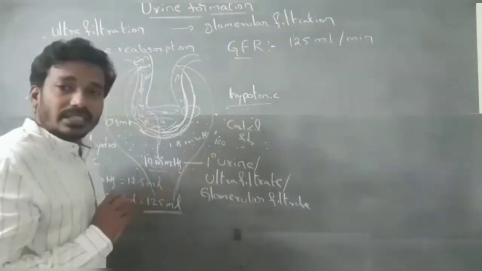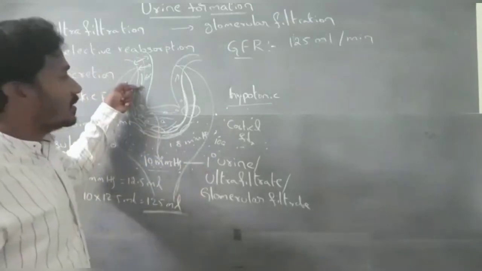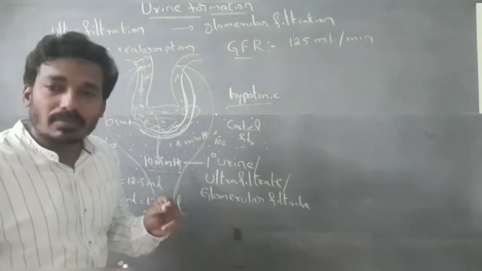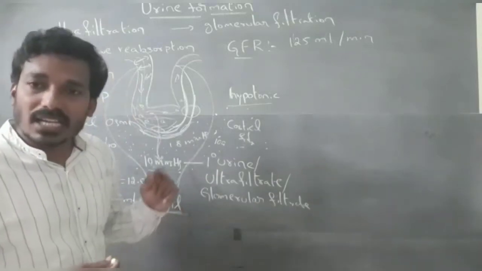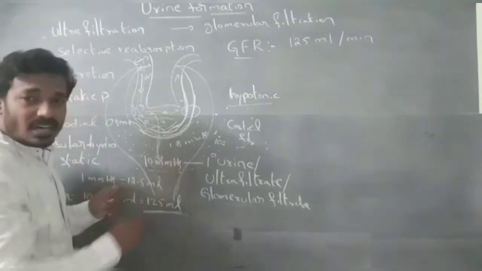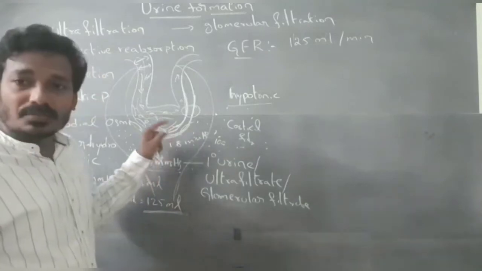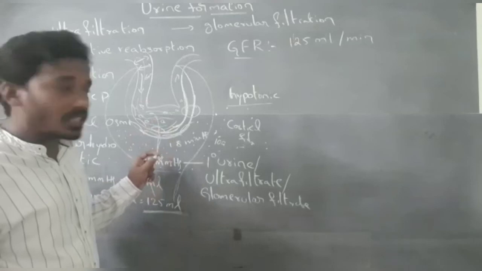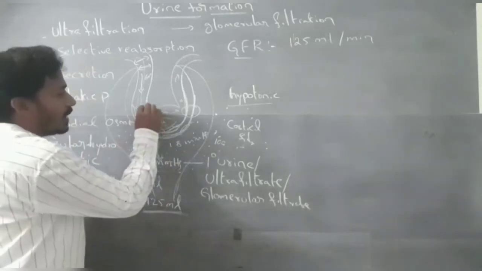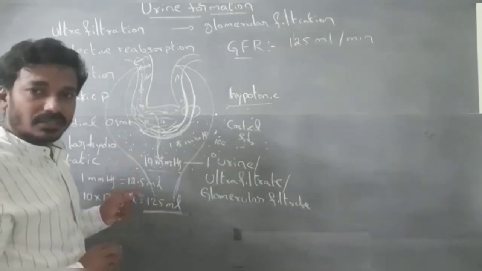Primary urine contains all the substances of the blood plasma except plasma proteins. Plasma proteins are absent in primary urine or filtrate. All other composition is the same in the blood and filtrate.